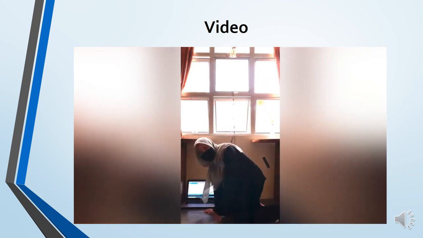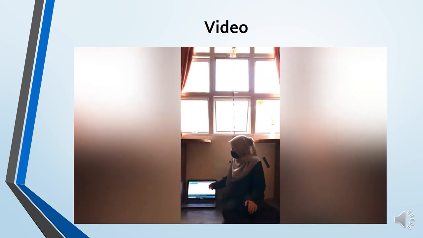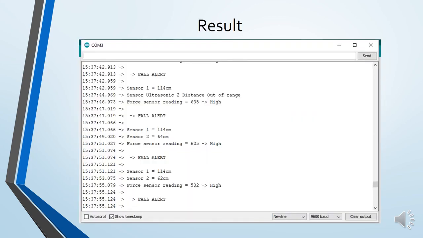This is the situation when a fall happens. The movement will trigger the sensors and the results will be on the console. This is the result if a fall is detected.